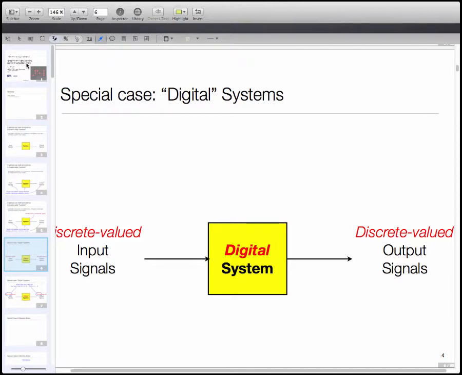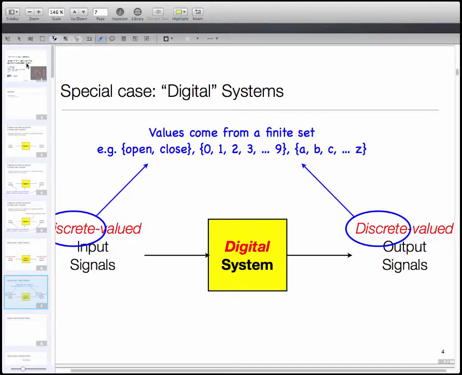A special case is digital systems, where the input signals and output signals are discrete valued. If you go back to your math, think of the difference between real numbers and integers: a finite set of values. The input signal and output signal are discrete valued, and to process these we use digital systems, because digital systems are designed to handle discrete values.